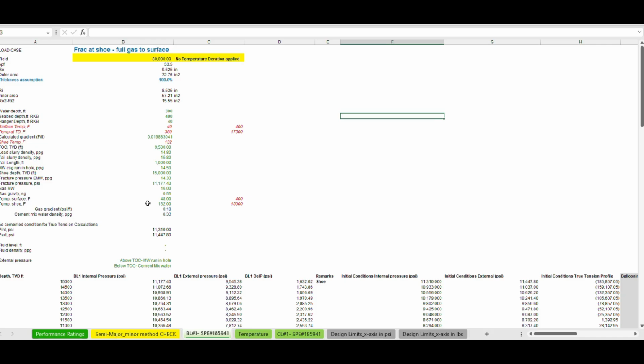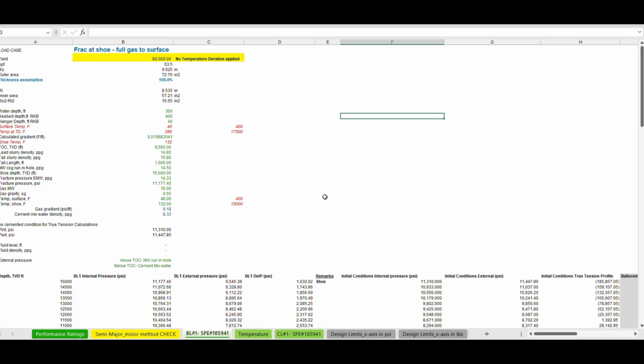For installation cases, we have of course the live load case where we are drilling the next hole section, and the 9 5/8 casing is exposed to the load case of basically the frac. So the shoe is fracking, and you have a full gas to surface to calculate the internal pressure profile.